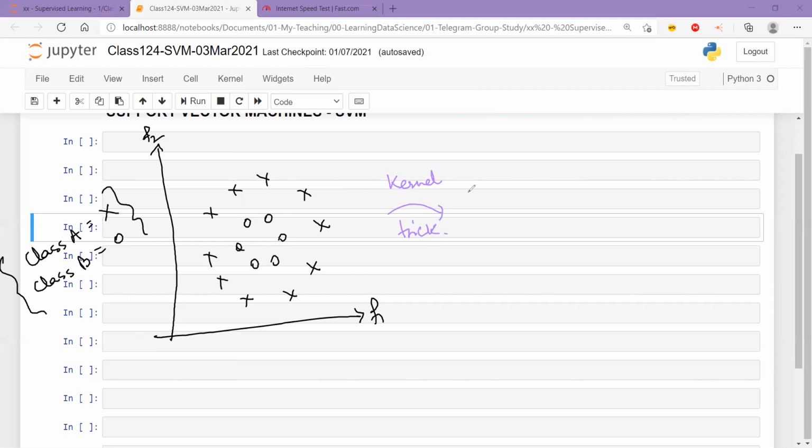What this kernel trick is going to do is change my point of view, similar to my first example. I move that person from point 0 to point 1, then to point 2, and then to point 3, and I had point 4 also.